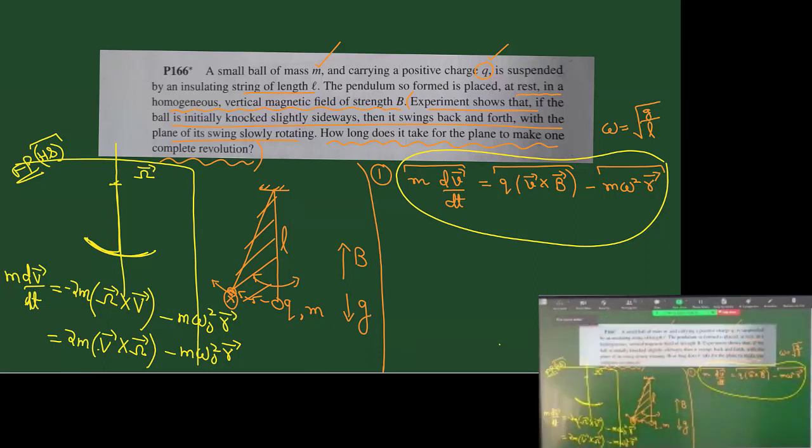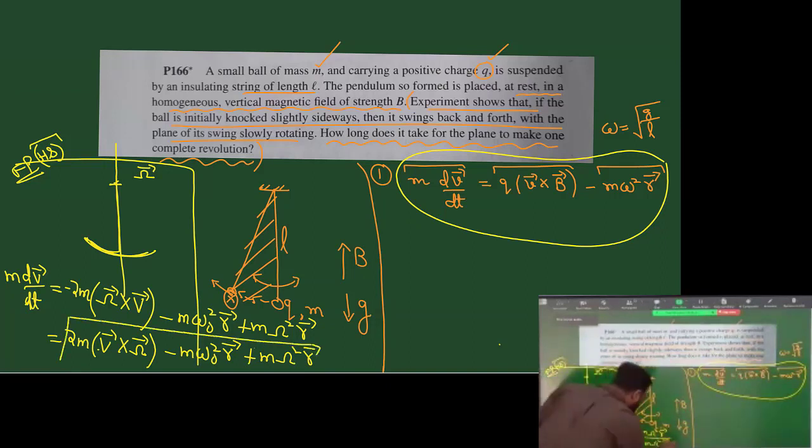And the third force will come because of the centrifugal thrust, and that is m capital omega square into r vector. If you observe carefully, you'll have m capital omega square into r vector. Let me repeat what are the three terms that I have written here.